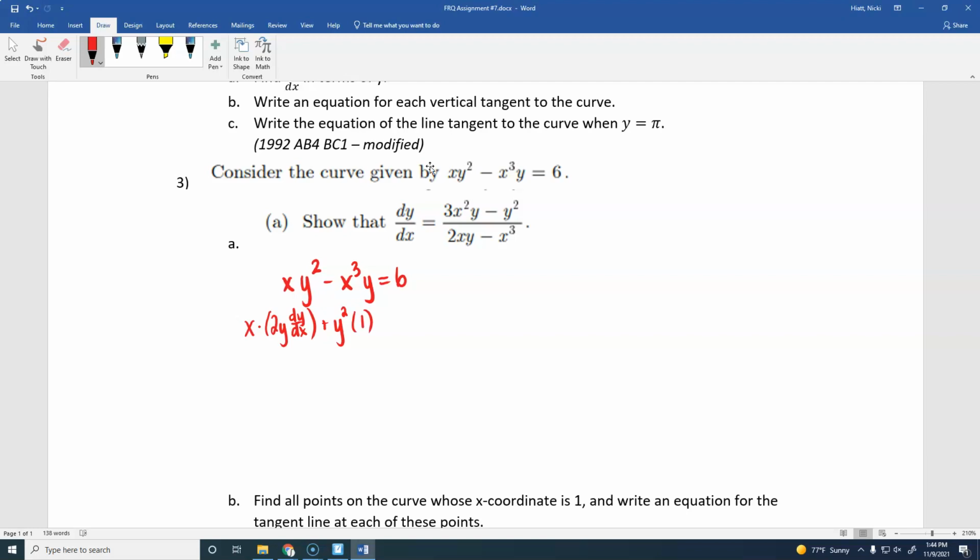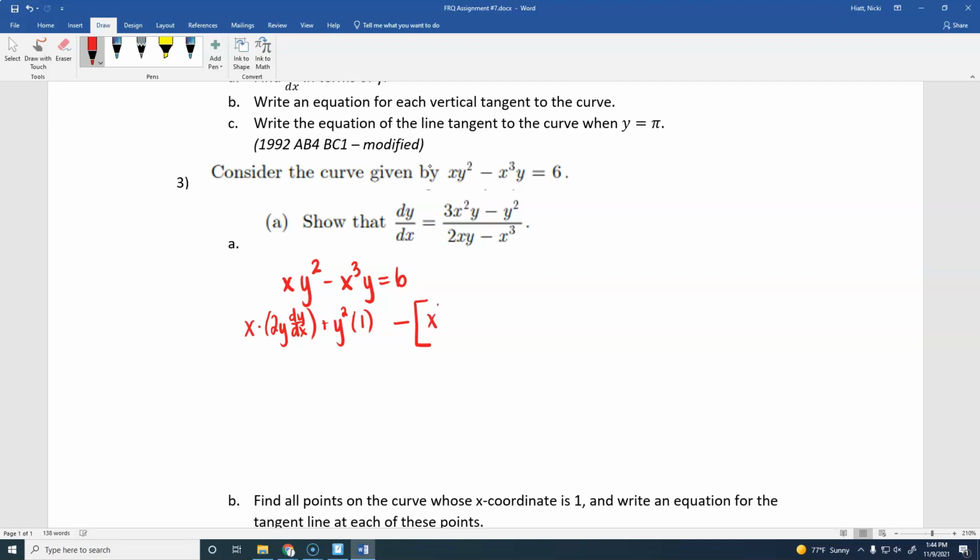Now that's just the derivative of this first part. Now I have to take the derivative of the x cubed times y. Again, I have to use the product rule. And what messes most students up here is this negative needs to be distributed to everything. So I'm going to put a bracket right here for where I take this derivative.